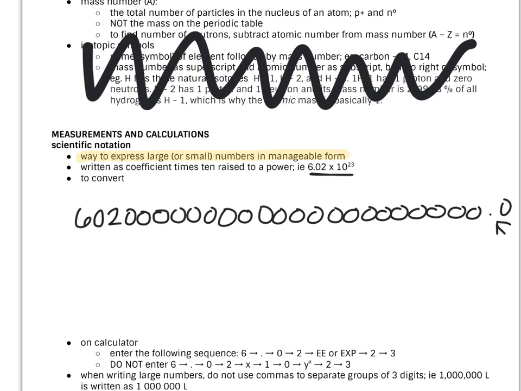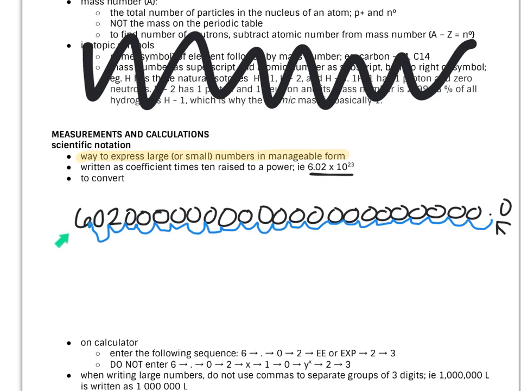I just move the decimal over and count how many times I do it. So we're going to go 1, 2, 3, 4, 5, 6, 7, 8, 9, 10, 11, 12, 13, 14, 15, 16, 17, 18, 19, 20, 21, 22, 23. And now our decimal point is right there.